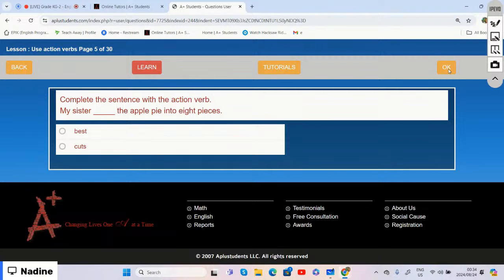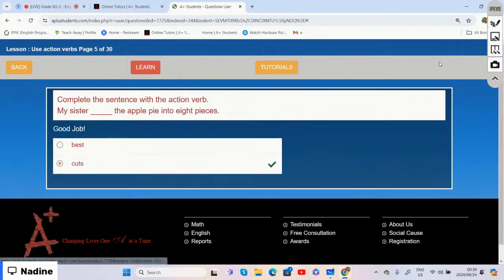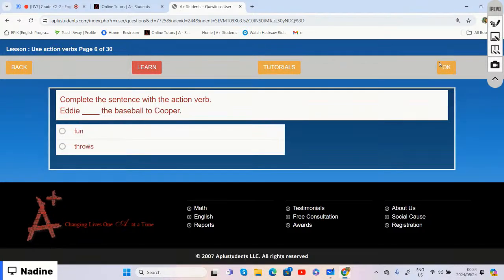And we can say, my sister cuts the apple pie into 8 pieces. Because remember, if you want 8 pieces, you need to cut it, right? So cuts is correct. Because cuts is our action verb, it tells us what my sister does.